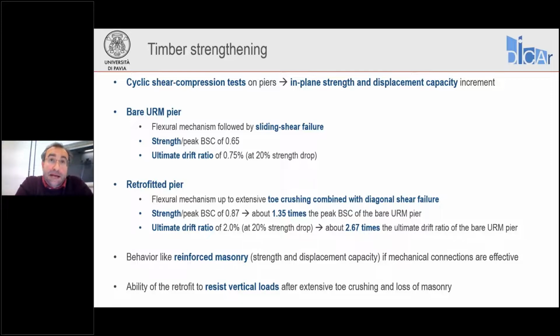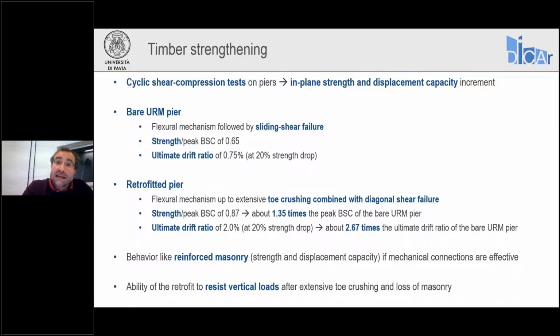This means that the displacement capacity was 2.67 times the one of the bare specimen, which is a huge increment. Again, as with the other two retrofit techniques, we can say that our retrofitted pier behaves more or less like a reinforced masonry element, provided that mechanical connections are actually working and connecting the retrofit to the pier and to the rest of the masonry structure.